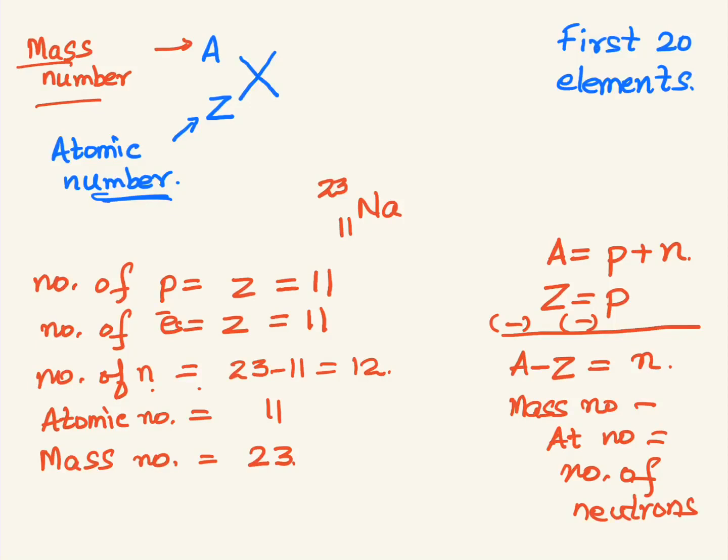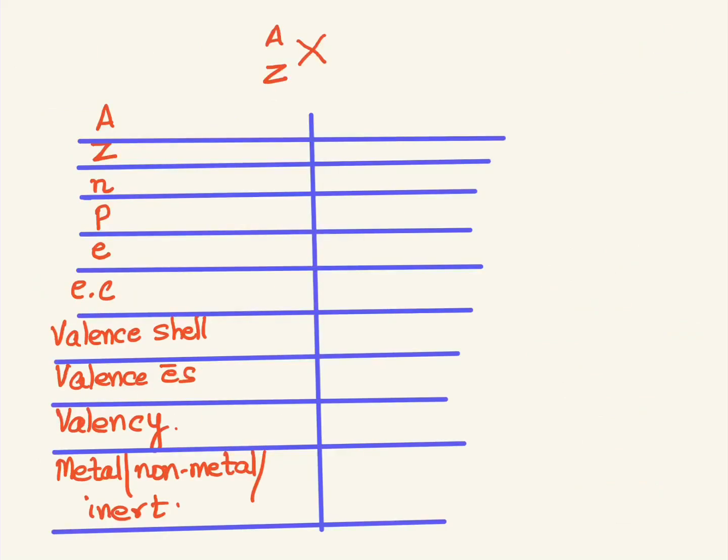Clear with this? Ready to go ahead? Now, why have I asked you to grab hold of an old newspaper or some old big sheet is because we are going to tabulate the properties of the first 20 elements of the periodic table.